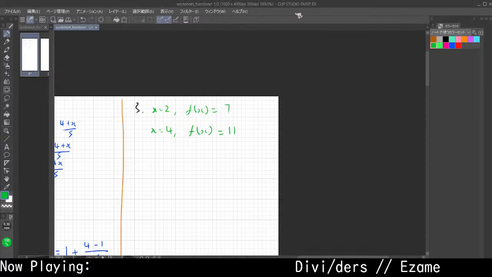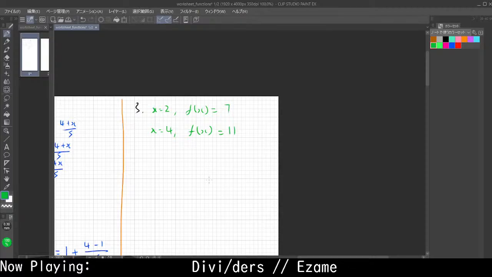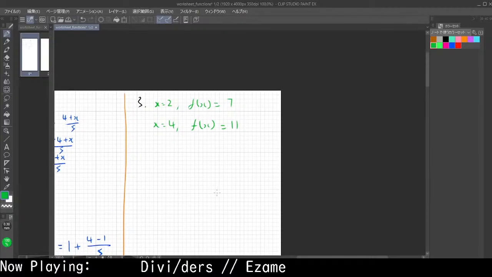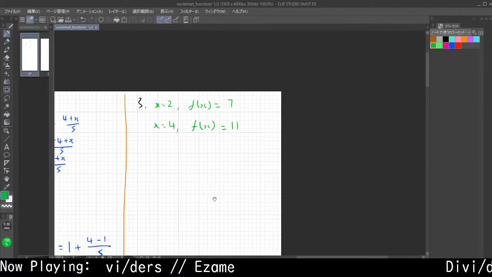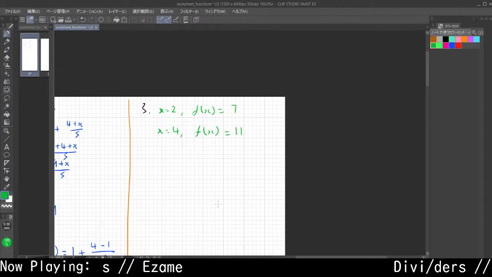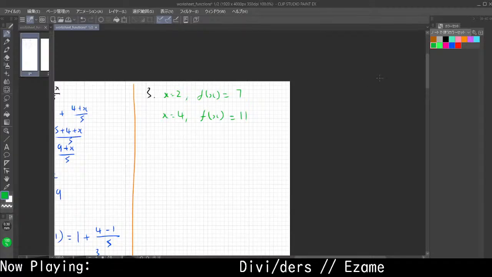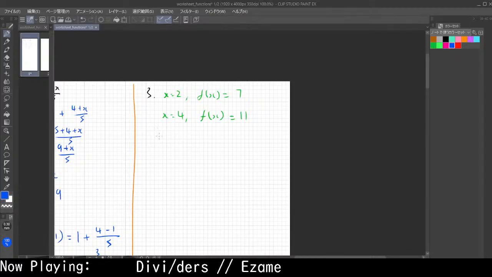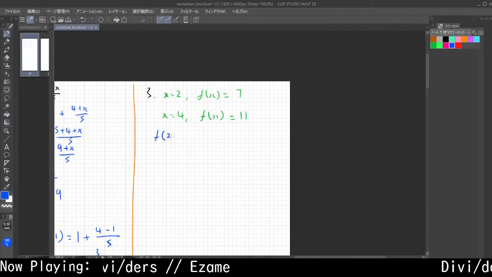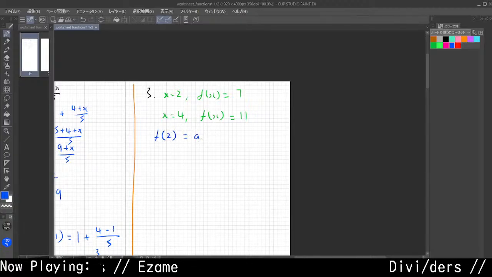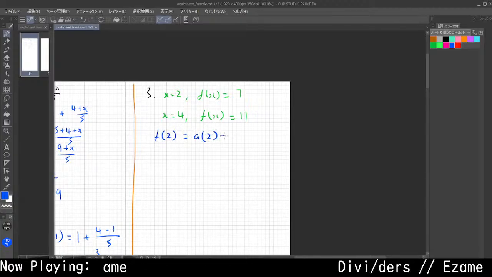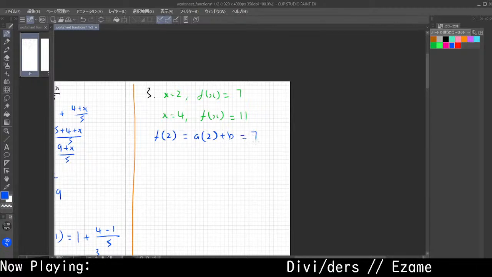So yes, this is simultaneous equations. My f(x) can be written as this. When x is equal to 2, f(2) will be equal to a(2) plus b, and this is equal to 7.